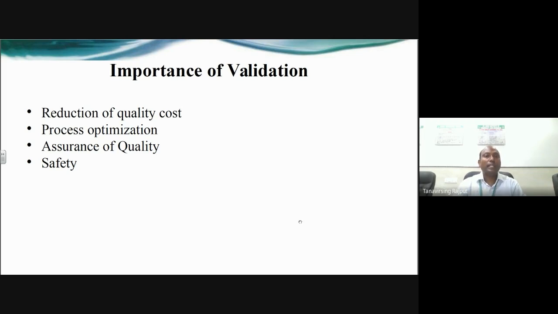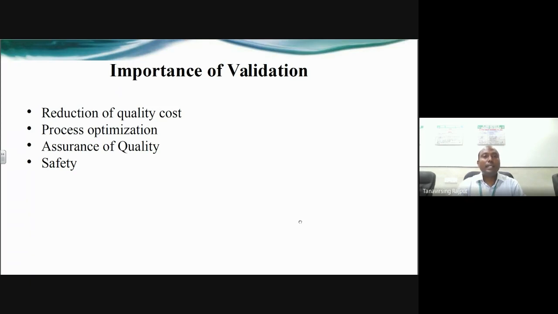It means the product, inside our premises, does not meet its predetermined specification or quality attributes. In that case, we have to retest that dosage form, then reprocess or rework it. If it meets the predetermined specification, then we can go for further manufacturing. Otherwise, we have to discard that product. That comes under the internal failure cost.